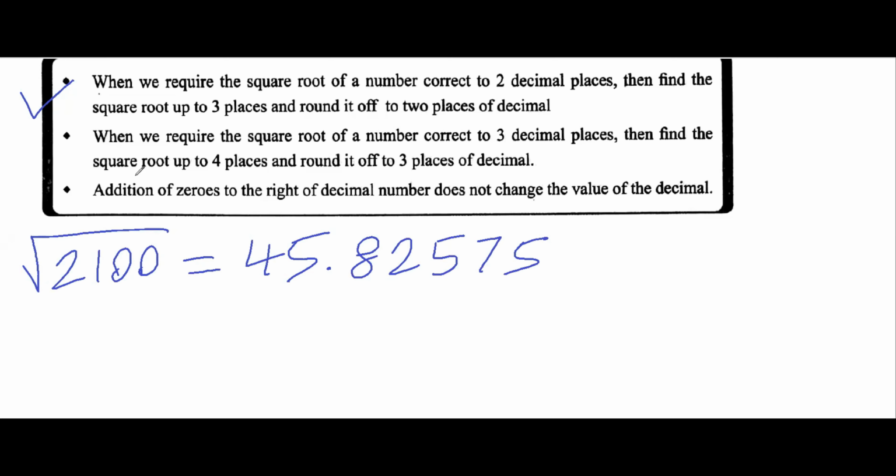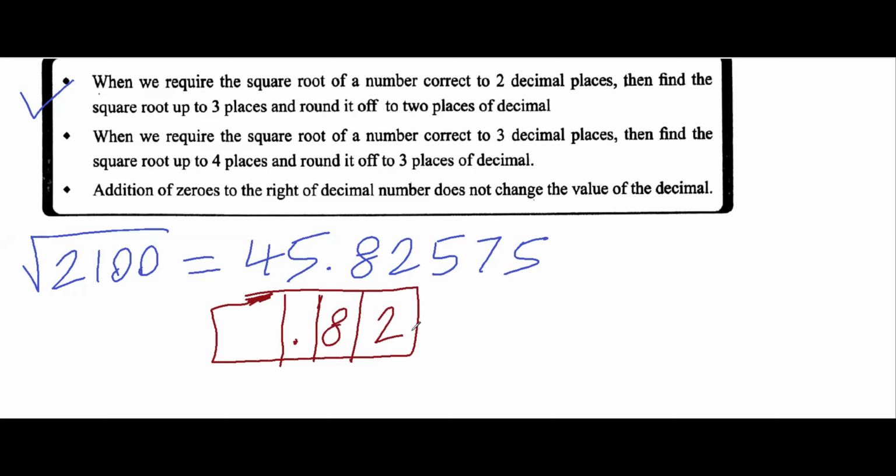First, let's understand these 3 bullets. We require to find the square root of a number correct to 2 decimal places. It means I want the number only up to 2 decimal places: after the decimal point, only these two places, 8 and 2, will come.